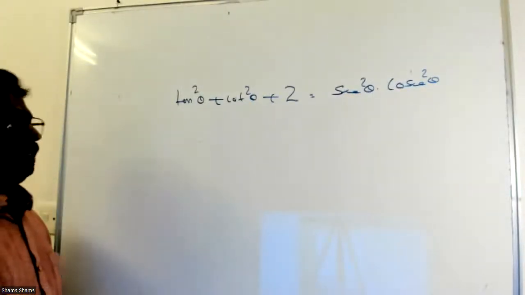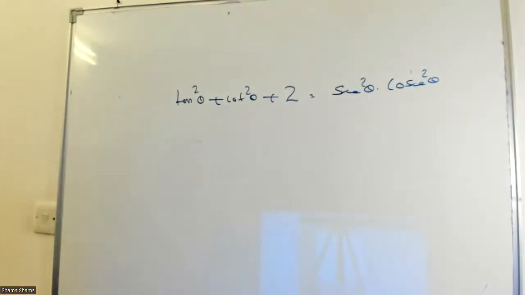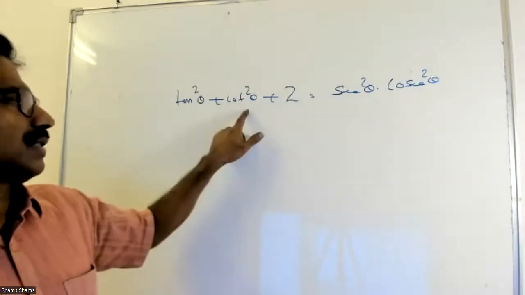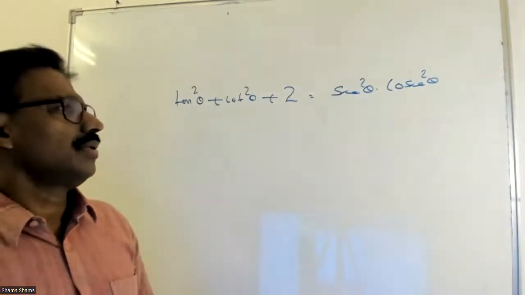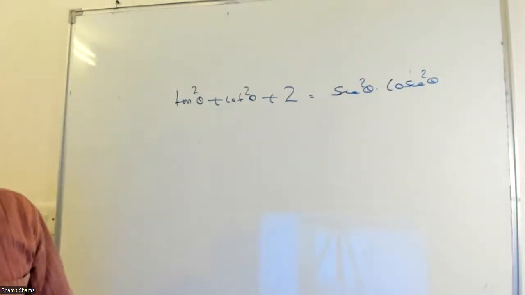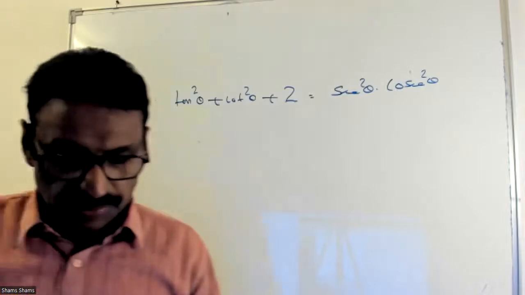Okay. Listen, tan square theta plus cot square theta plus 2 equal to sec square theta into cosec square theta. I'll give you time to try yourself.